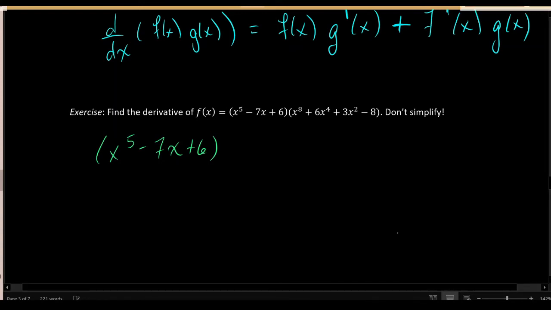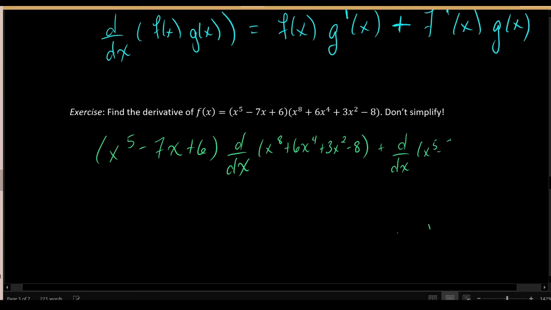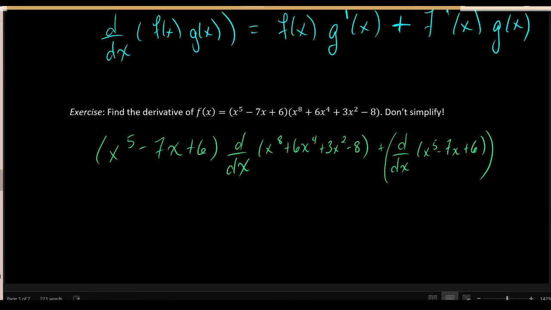Then you want to multiply that by the derivative of the second factor. Add that to the derivative of the first factor, and multiply it by the second factor.